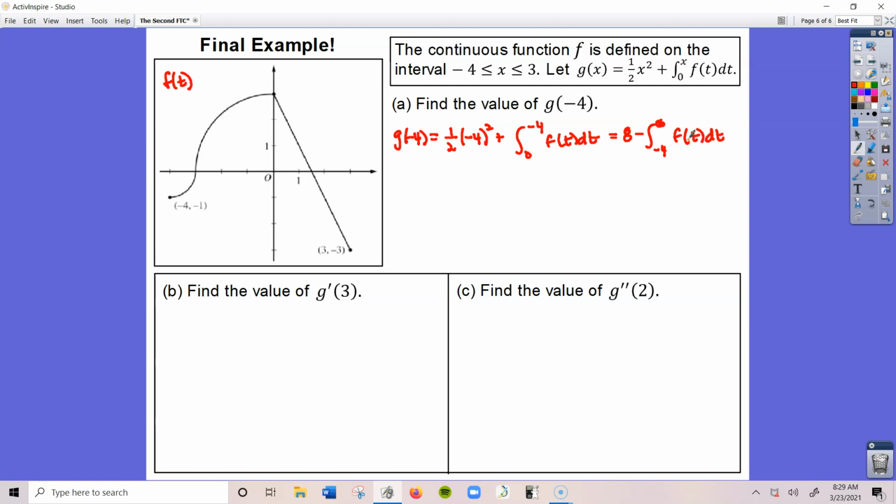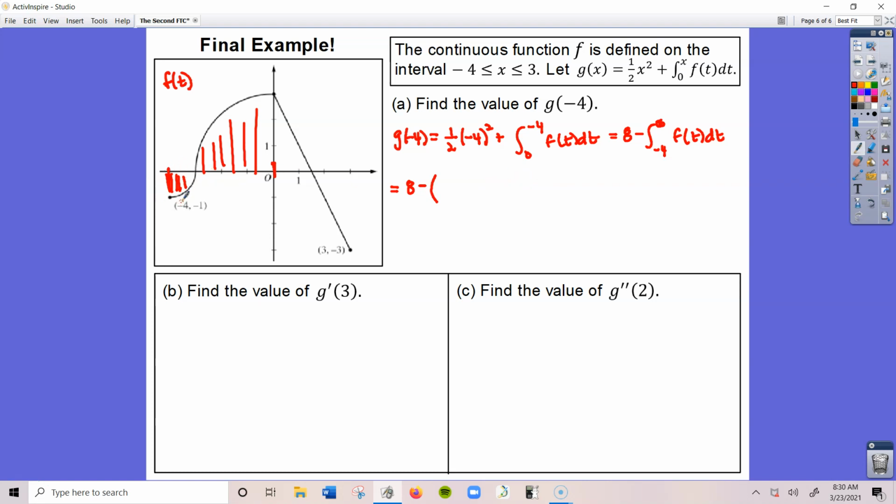So now I need to take that area from -4 to 0. Now what we have here, it looks like a curve, but this is a quarter circle, and this is another quarter circle. So to find this answer, we have 8 minus, now I'm going to open my parentheses so I don't forget to subtract whatever I get for that whole answer.